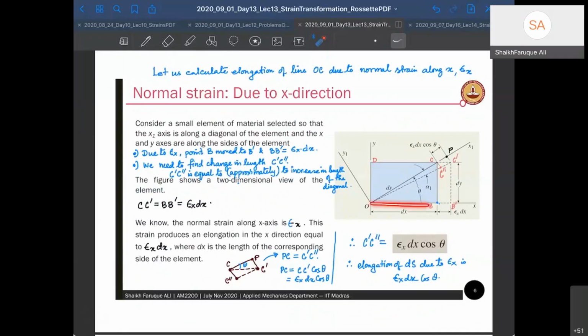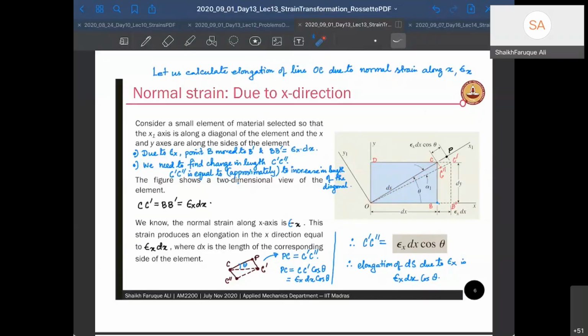This was my element along the x and y axes, and I'm putting the x1 and y1 axes along the diagonal of that element, just for the sake of simple resolutions. So I have put that. So this is my original ds element, right?